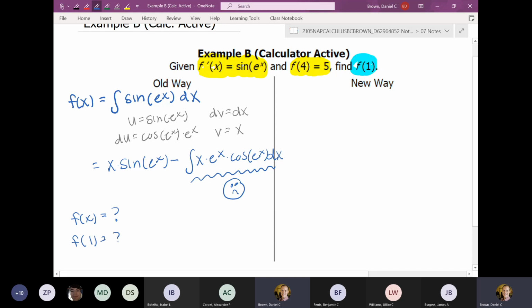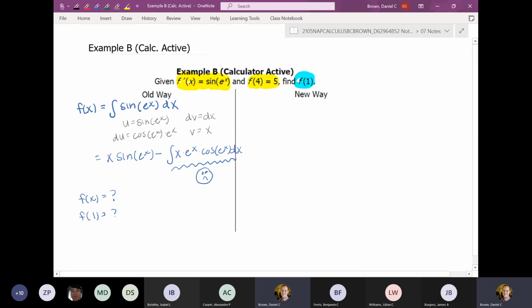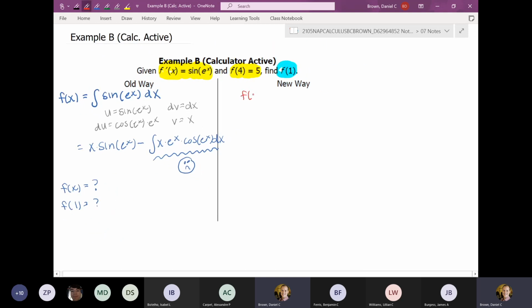Where the rewritten version of the first FTC becomes powerful is we can use it, and using our calculator, help us jump directly from the derivative to some value in the original function. So again, showing you the setup, and I'm just writing it down one more time till we know it for certain, f of b is equal to f of a plus the integral where you start at, what you're trying to find, of f prime of x dx.